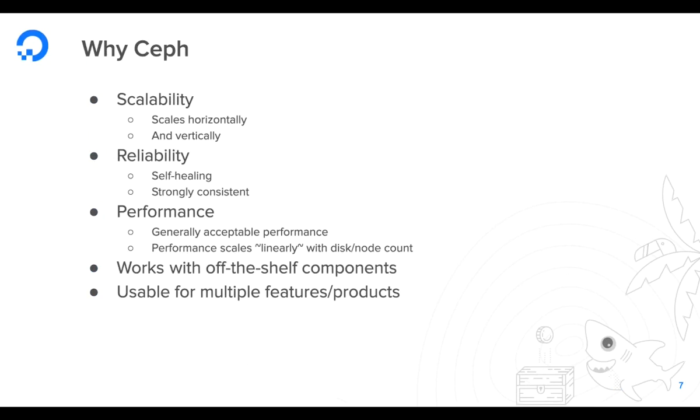The most important point in all of this to me is the reliability. And that goes via self-healing and the strong consistency that comes with Ceph. We've had situations where something went wrong in our cluster and we had an outage, and you can see your PGs being in terrible state. They are down, incomplete, stuck peering, and what have you.